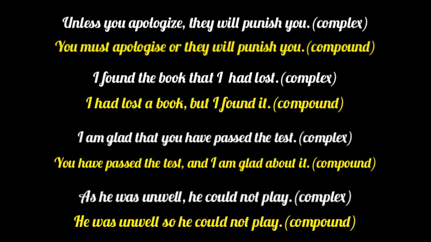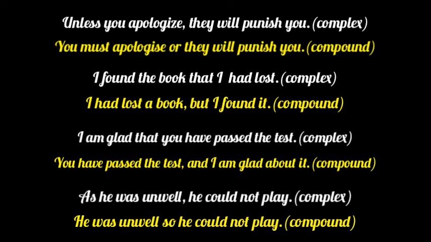In the complex sentence, I am glad that you have passed the test, that you have passed the test is the subordinate noun clause, which is changed into the coordinate clause, you have passed the test, using the coordinating conjunction and to make the compound sentence. Similarly, in the last complex sentence, as he was unwell is the subordinate clause and he could not play is the principal clause.